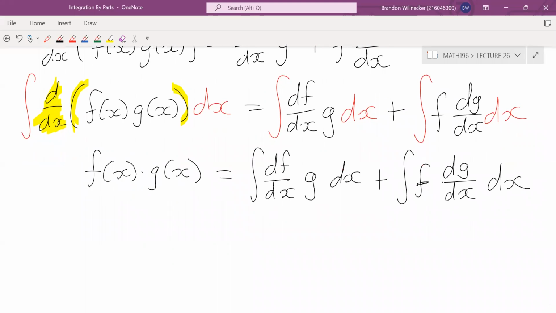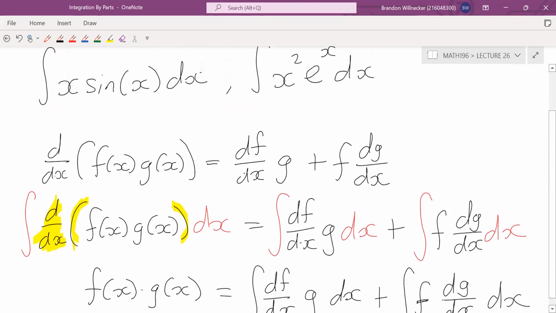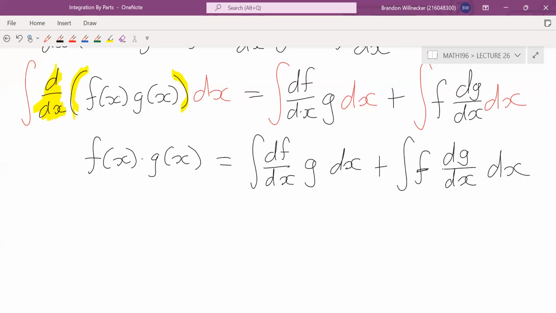Now I'm going to do a little bit of rearranging. One of the terms on the right-hand side, I'm going to take over to the left-hand side. It doesn't matter which one we pick, because it is symmetric. So let's pick this one to take over.